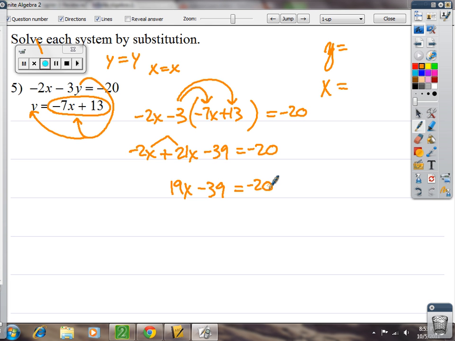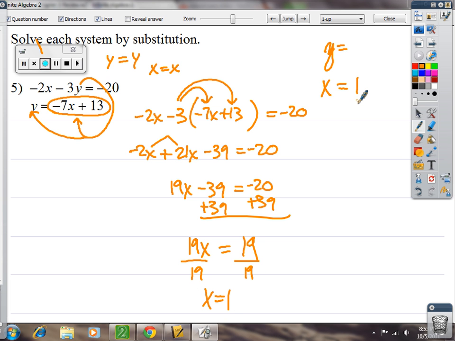Now I'm going to add 39, and I have 19x is equal to 19. Then I divide by 19, and I have my x. x is equal to 1. So I know x is 1.